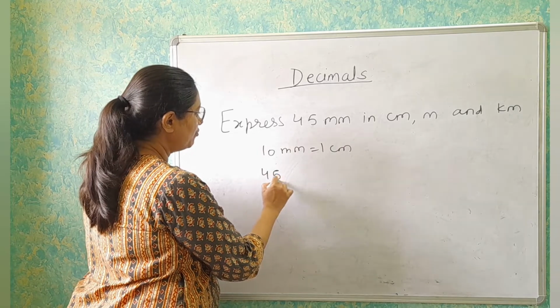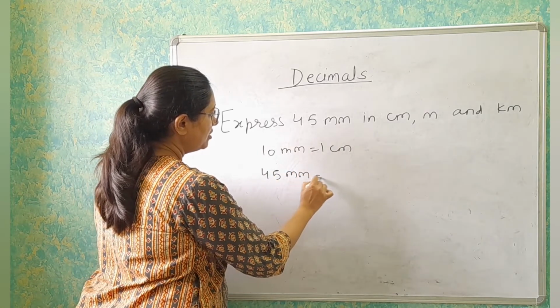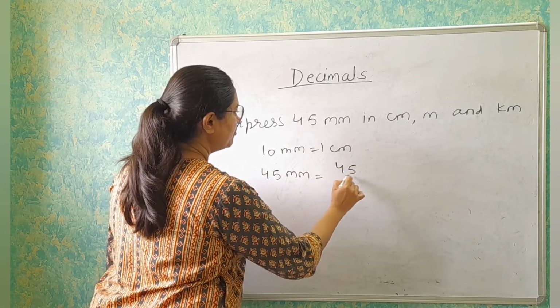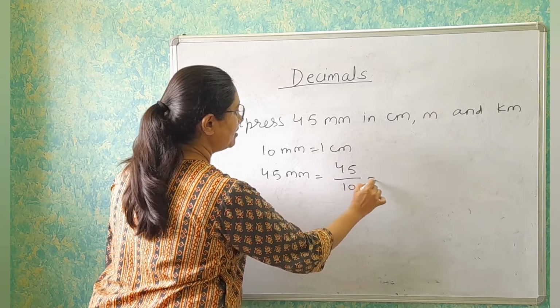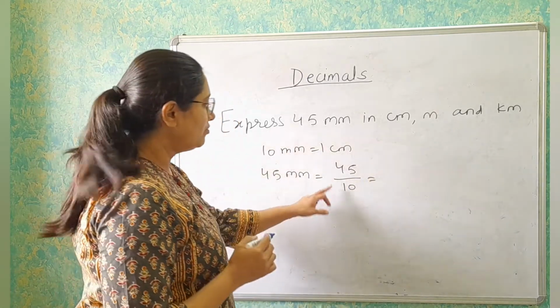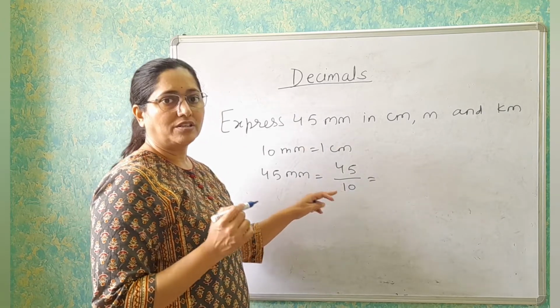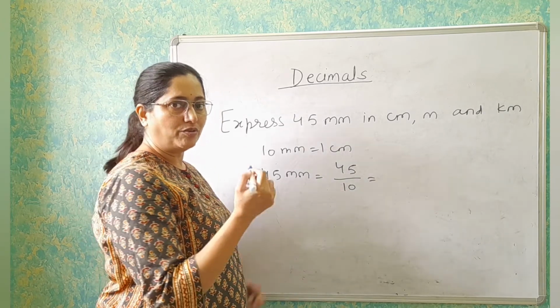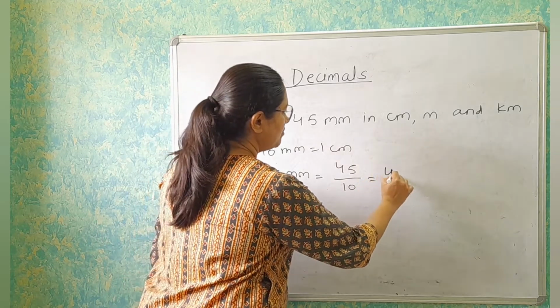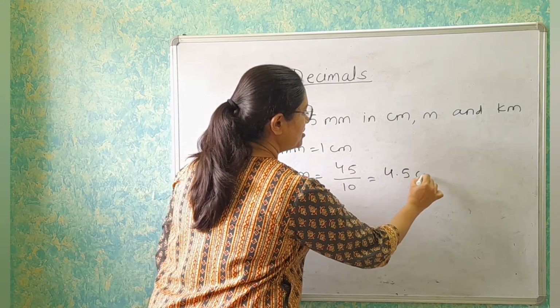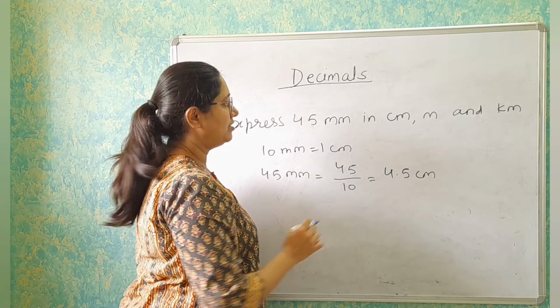So I will write 45 millimeter equal to 45 divided by 10. And you know that whenever we are dividing a decimal number by 10, 100 or 1000, the decimal point will shift to the left hand side. So our answer will be 4.5 and this time it will become centimeter.